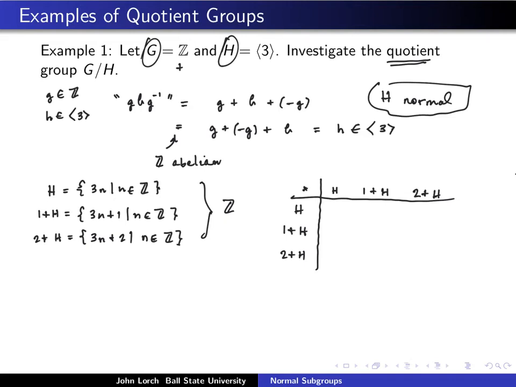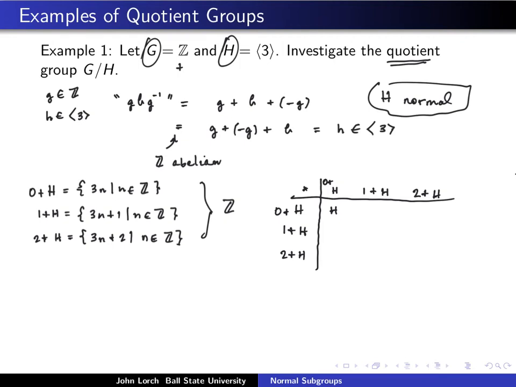So when we take H and we combine it with H, remember that consists of adding the representatives. And so we wind up with H again. In fact, we could call this 0 plus H, right? Maybe it's a good idea to do that here.